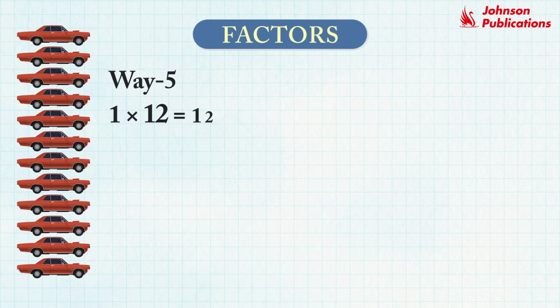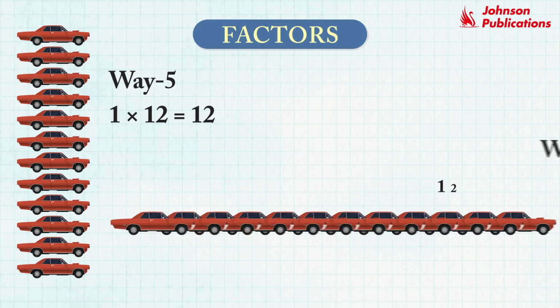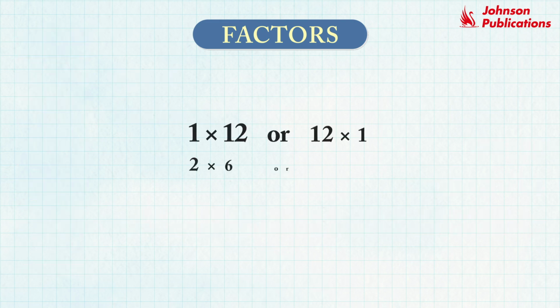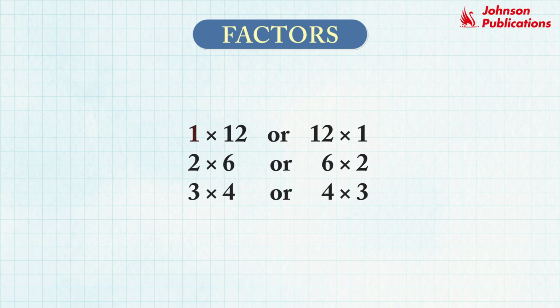He can also group the toy cars as one group of 12 toy cars and 12 groups of one toy car. Therefore, the number 12 can be represented as 1 into 12 or 12 into 1, 2 into 6 or 6 into 2, 3 into 4 or 4 into 3.